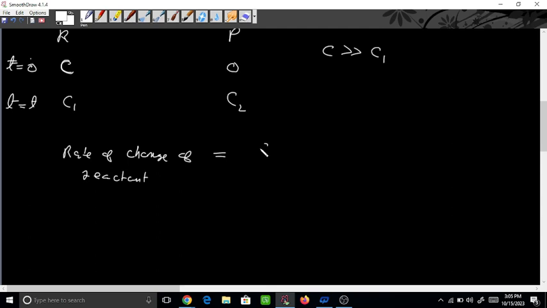Final is C1, initial is C, divided by some time, so divided by T. Just tell me whether this value will be positive or negative. Of course C is always higher, C1 will always be smaller than C, so this term will be negative. Remember this part. Whenever we write a direct expression for the change of reactant, it comes out negative always, okay, fine.